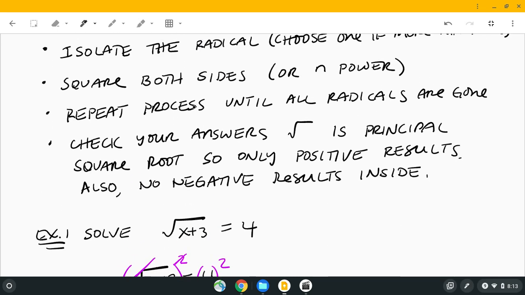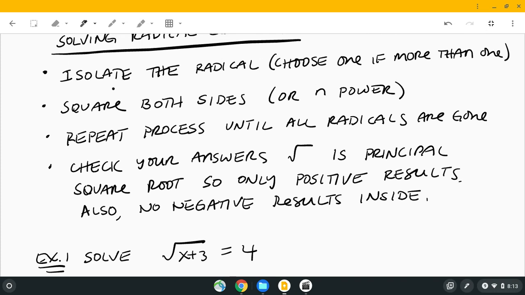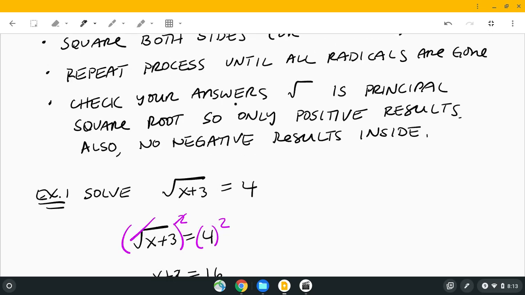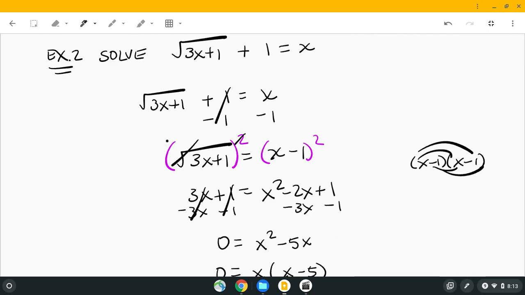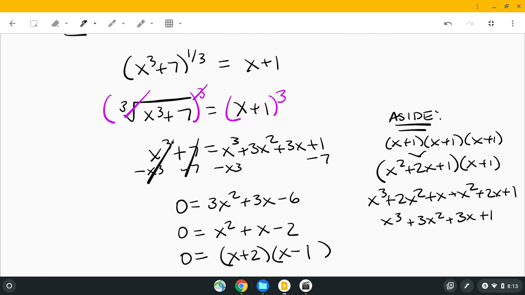So if we look back here, it says isolate the radical, square both sides, or nth power, and then repeat the process until all radicals are gone. So if we have two radicals, we're going to get rid of one at a time by doing this process over and over again. All right, so let's take a look at two radicals.